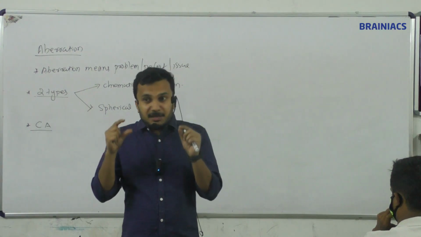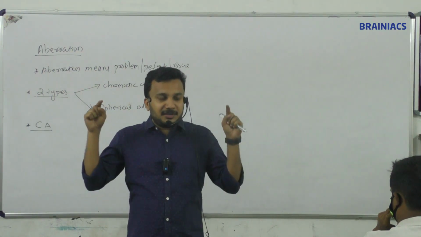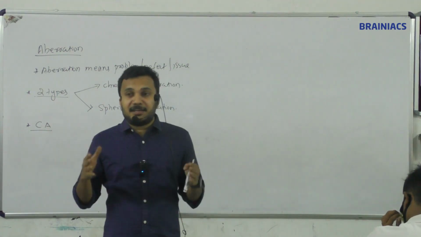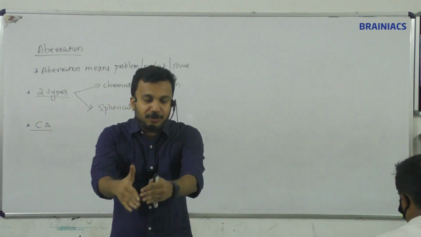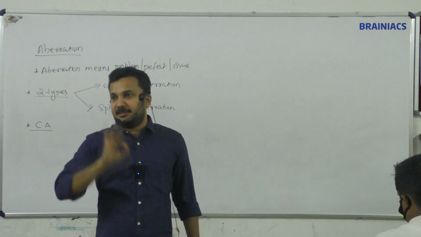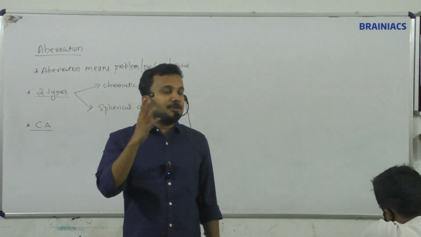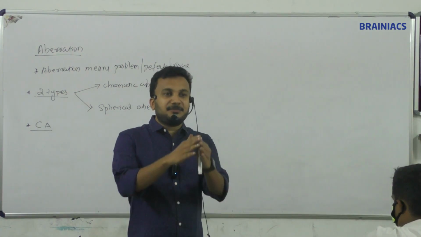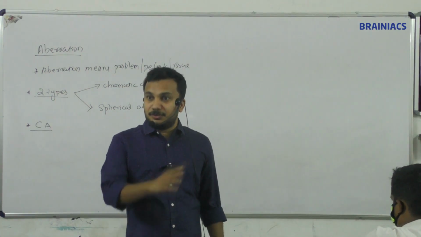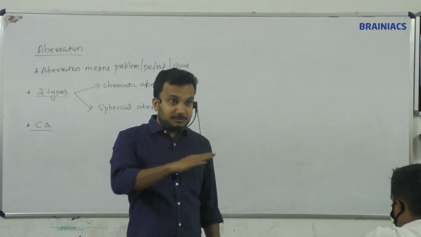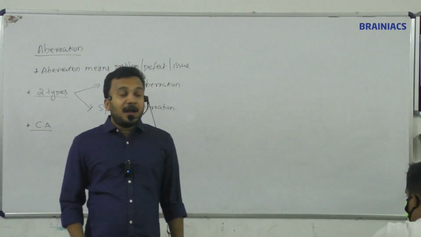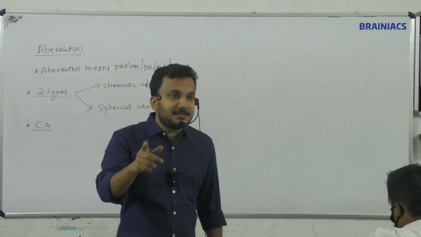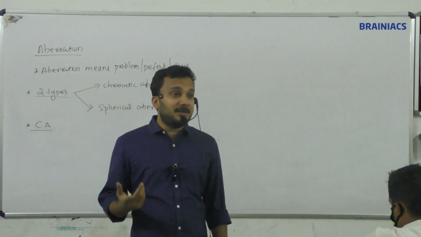So what is the main property of a lens? If white light is coming into a lens, it has to focus everything on a common point. That is the best lens. But a prism will not do like that. If white light passes through a prism, it will split the light into various colors. If a lens behaves like a prism, that is called aberration. What type of aberration?